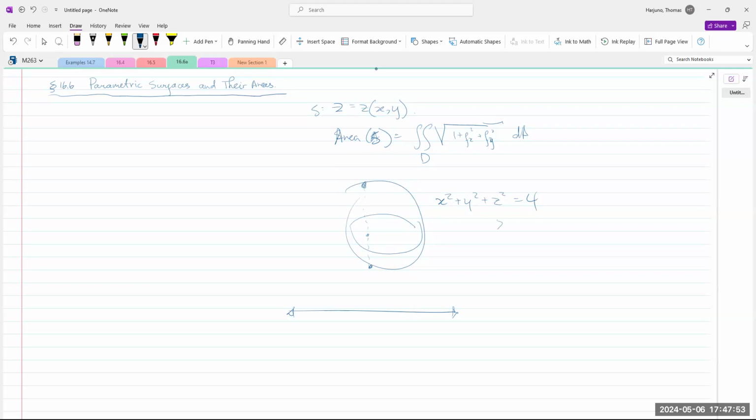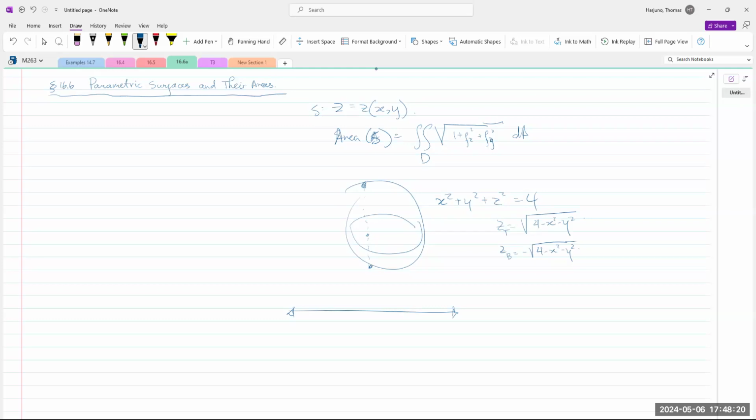You cannot say z equals the square root of 4 minus x squared minus y squared, because if you write it this way, then you will only get the top half of that sphere, not the bottom half. Now, if you insist on doing it that way, then you need to do 2 times. You need to treat the top and treat the bottom.